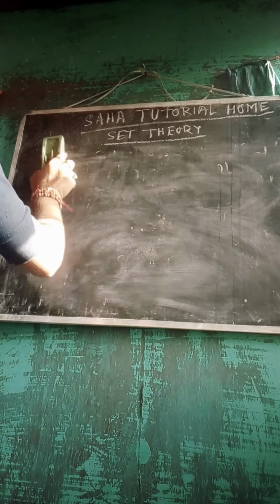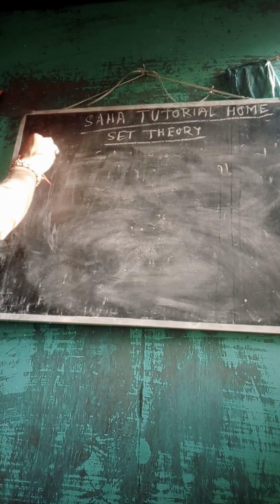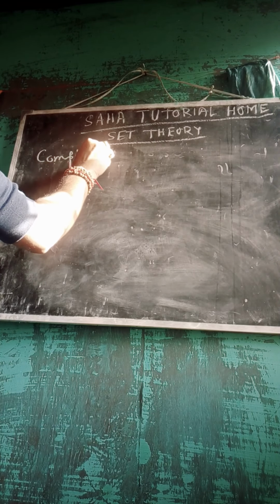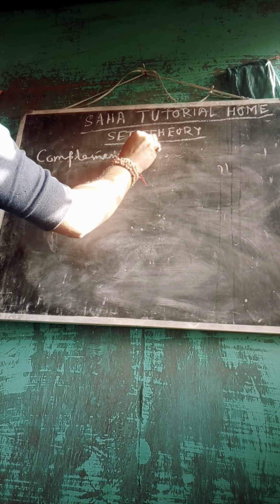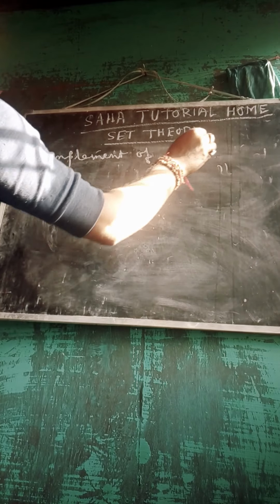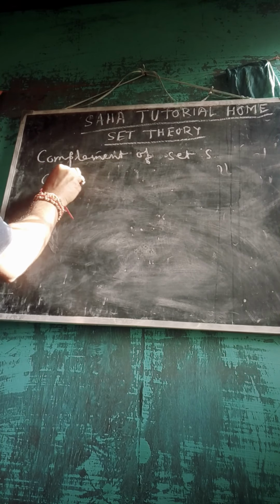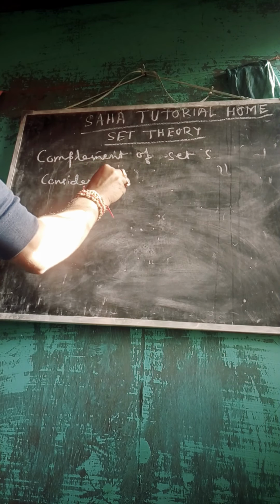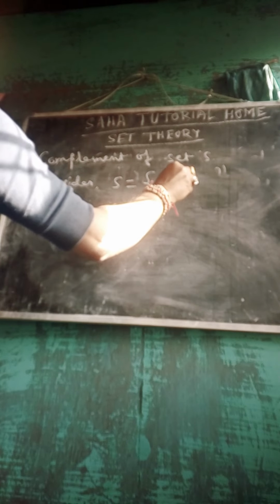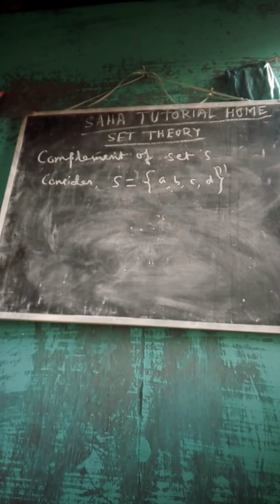Now we will discuss what is the complement of any set. Complement of a set is, again we consider S with elements A, B, C, D. So what is the complement of the set S?